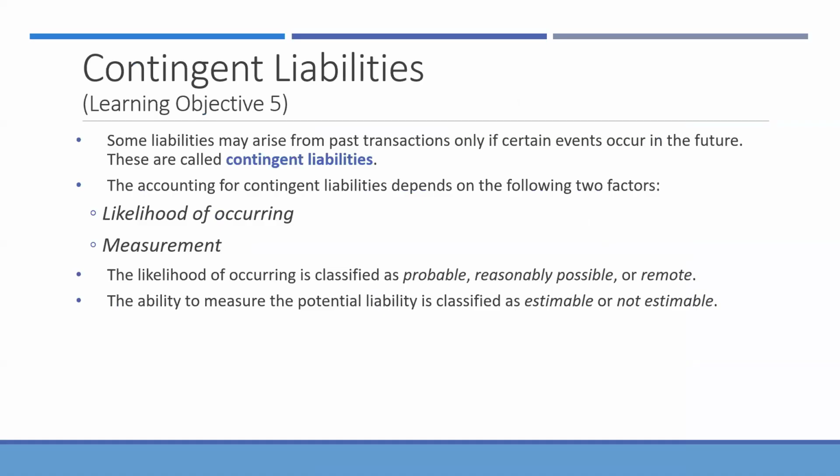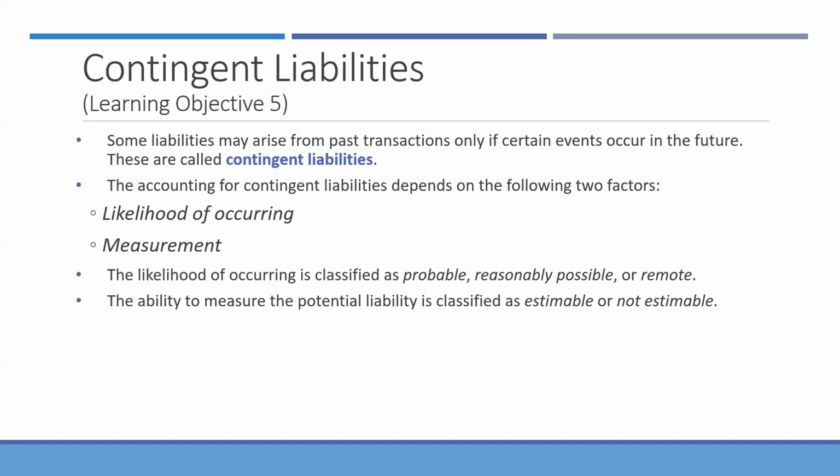So there are also some liabilities that arise from past transactions that create what's called a contingent liability. They're transactions that are going to occur if certain events happen in the future, or the liability for something is uncertain, or we're unsure if we're going to have to pay for something.